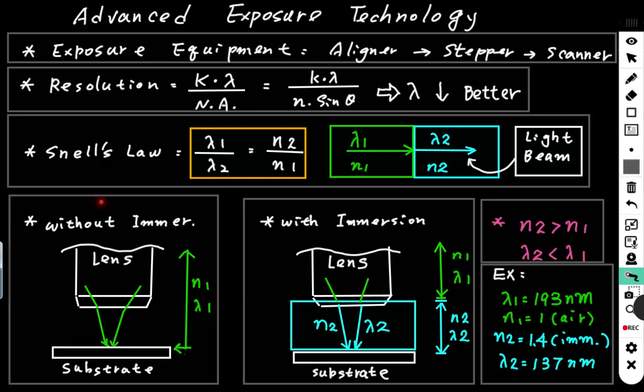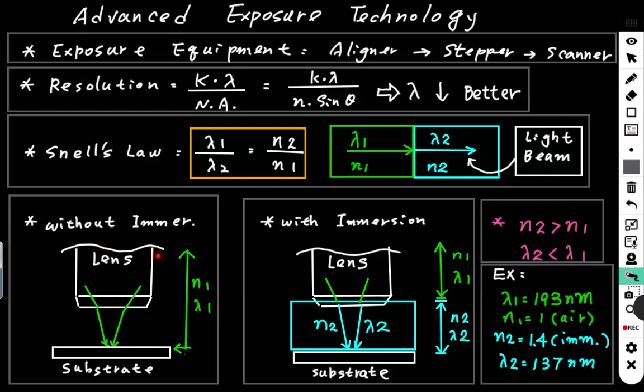Now we are going to see about this. This is the exposure scanner without immersion. The light beam goes through the lens and comes to the subject surface. This is all in the air.